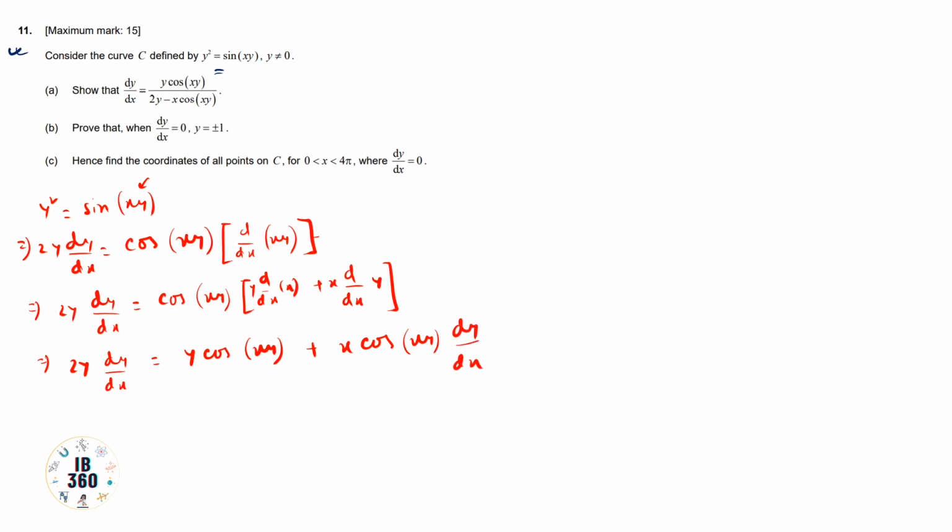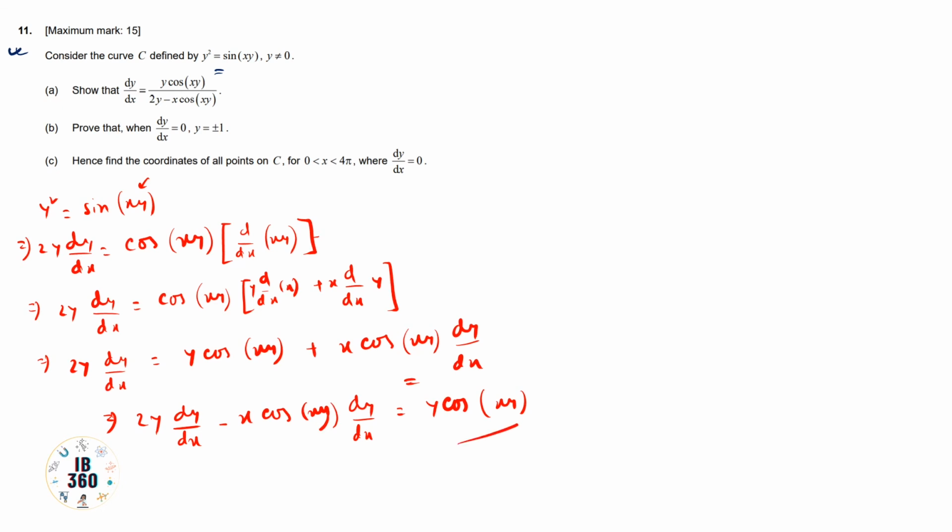Okay, so just put the values here, and you will have your equation. Just keep the dy/dx on one side. So 2y dy/dx minus x cos xy dy/dx equals to y cos xy.